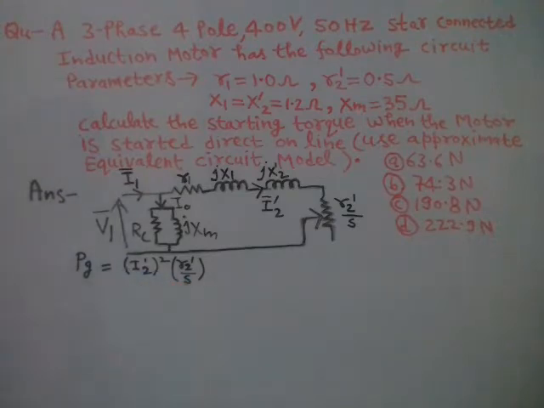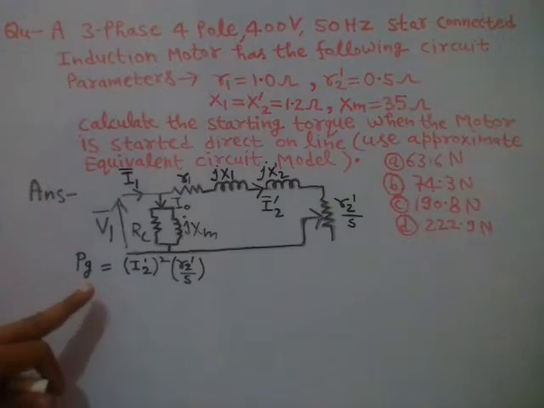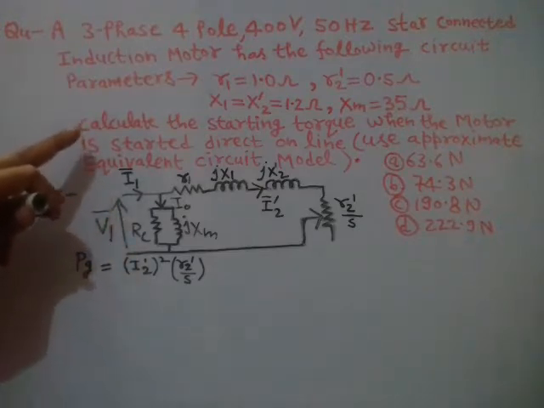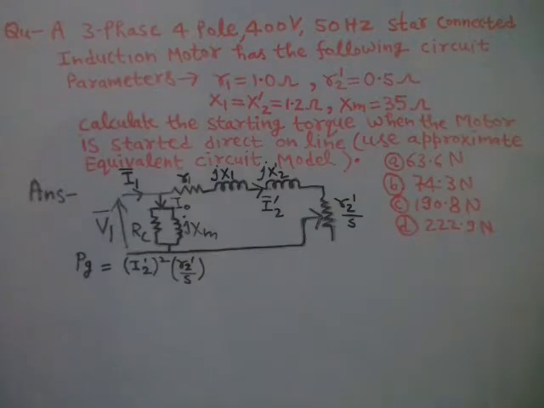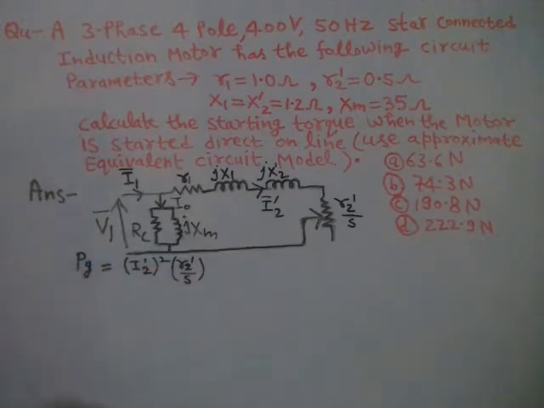So once you know this air gap power, you can calculate the torque. Torque is nothing but the power per unit angular speed in air gap, right? So here the air gap torque you will have to calculate. For that you will have to first calculate the air gap power PG, that is basically rotor input.